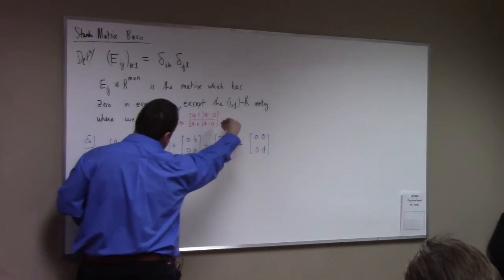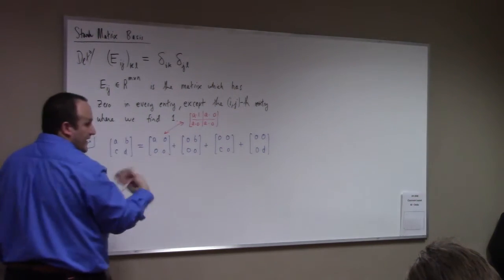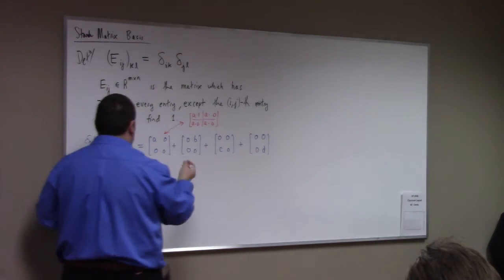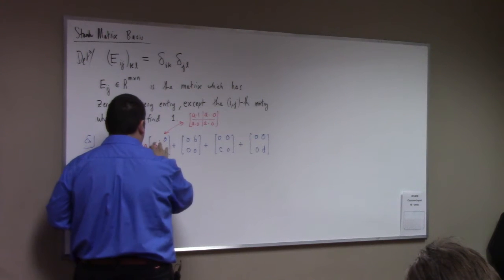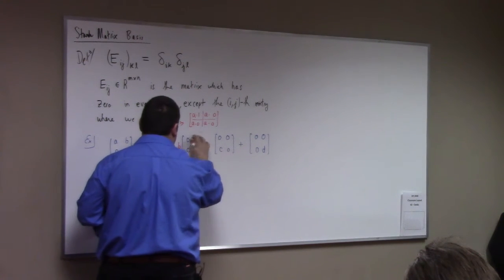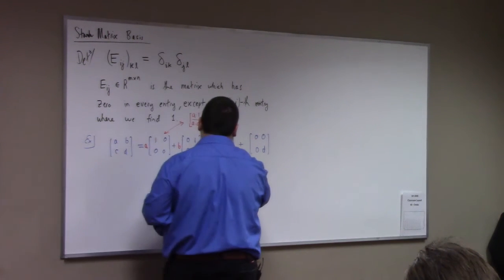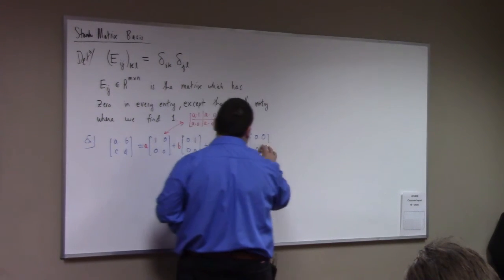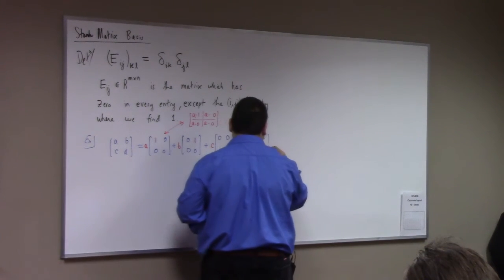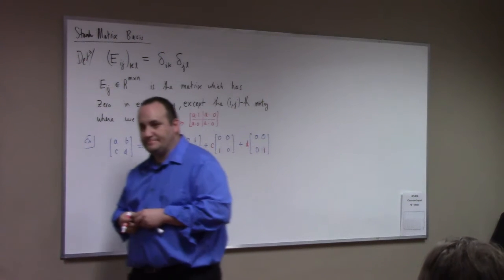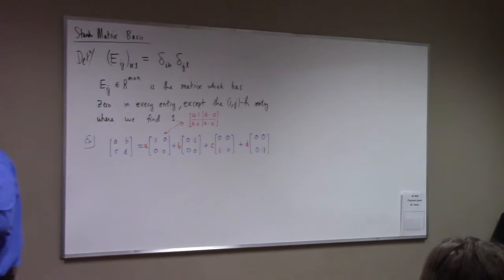But you see, by definition of scalar multiplication, I can pull the A out here, and I can pull a B out here, and I can pull a C out here, and I can pull a D out here. And what do I have?